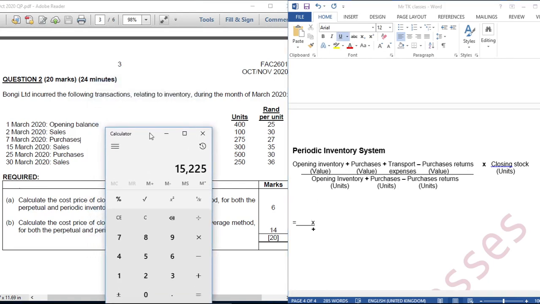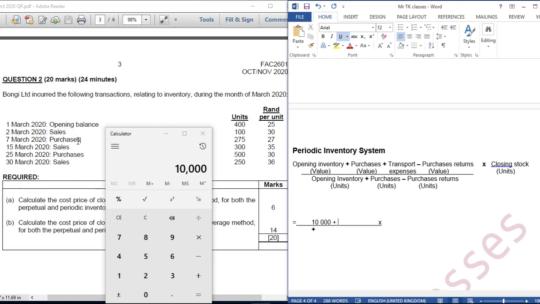opening inventory. Opening inventory is 400 multiplied by 25 is 10,000. We are going to say 10,000, right? Okay, let me just push this. 10,000 plus, okay, purchases.